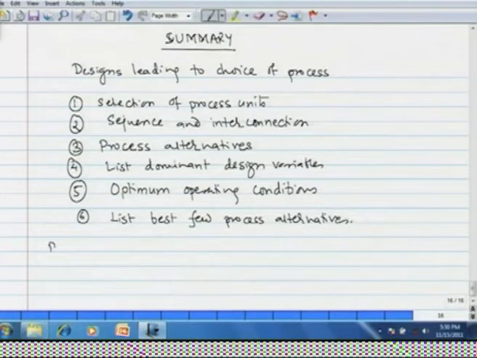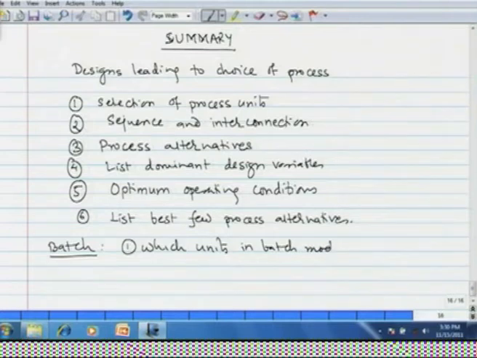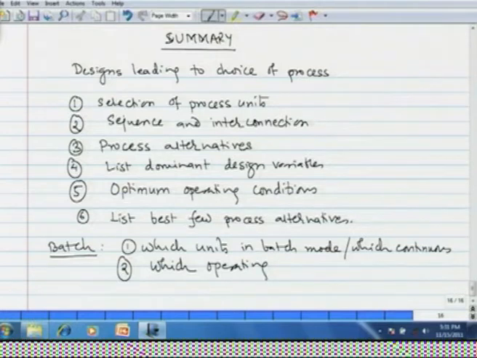However, in case of a batch process, we need to consider some more factors. Like for example, which units should be batch and which units should be continuous. Then, which operations can be coupled, as we just saw, like heating, reaction and separation could be coupled.